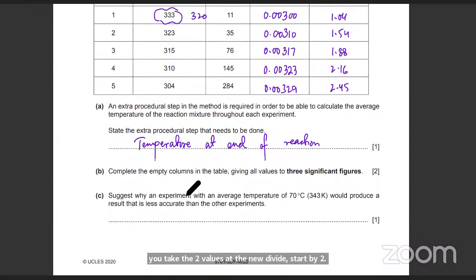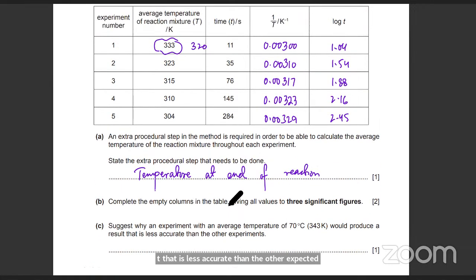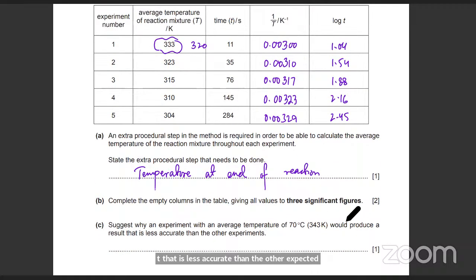Complete the empty column. Suggest why an experiment with an average temperature of 70 would produce a result that is less accurate than the other experiments. 343 Kelvins.